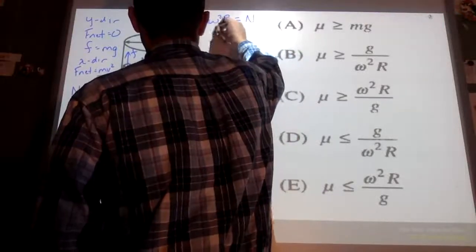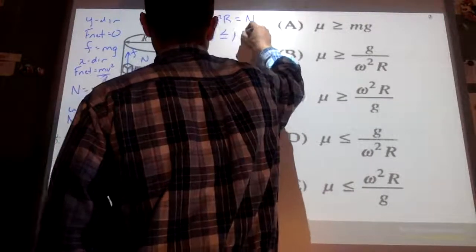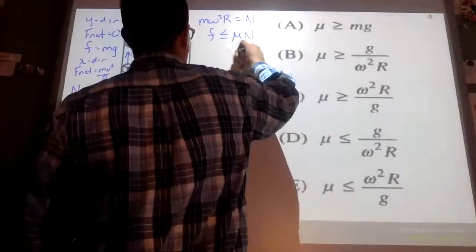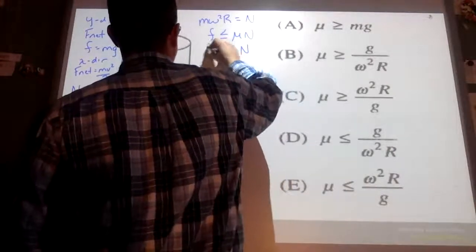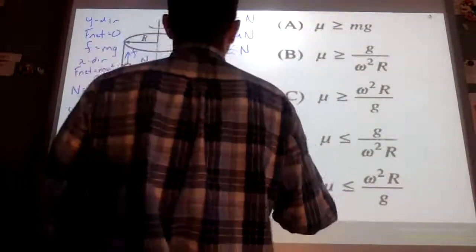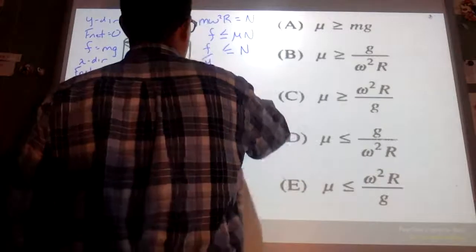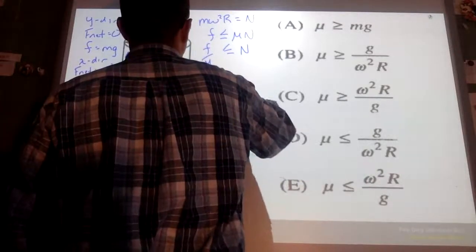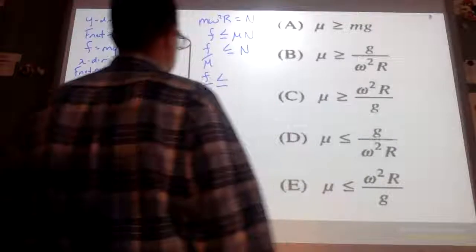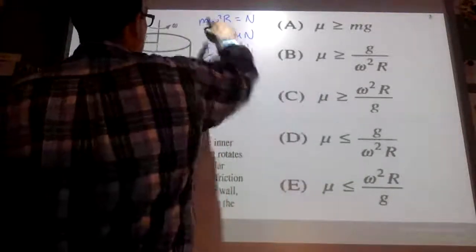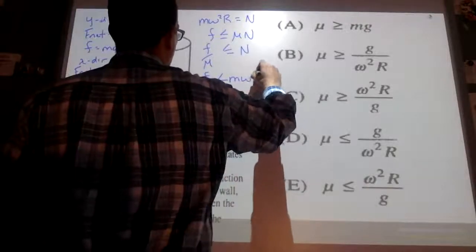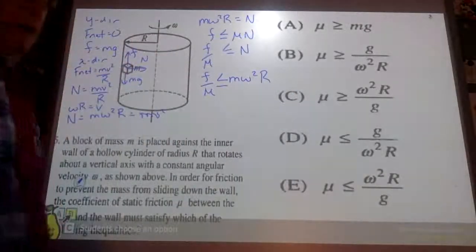I also know that friction is less than or equal to mu N. So N would be greater than or equal to F over mu. And so I'm going to say that F over mu is less than or equal to m omega squared r.